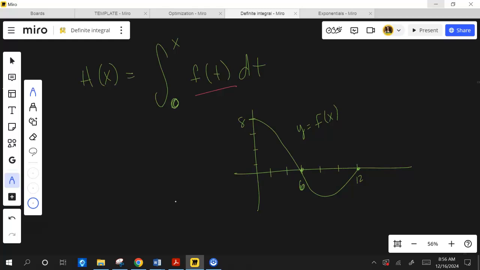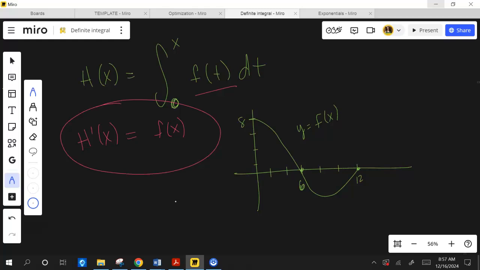if I take the derivative of both sides, do you agree that the derivative of h is f of x? Remember that fundamental theorem, how the integral goes away and I plug it in whenever I take the derivative. Every single time I have seen this as an FRQ, you get a point for writing this and recognizing it, a whole point out of 9.